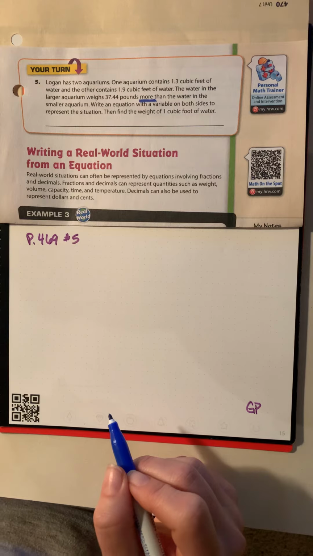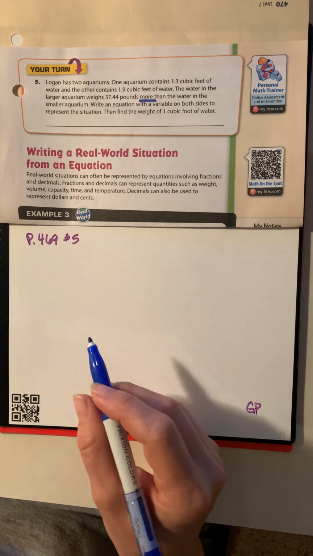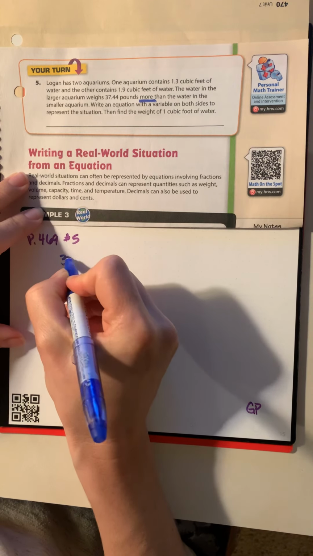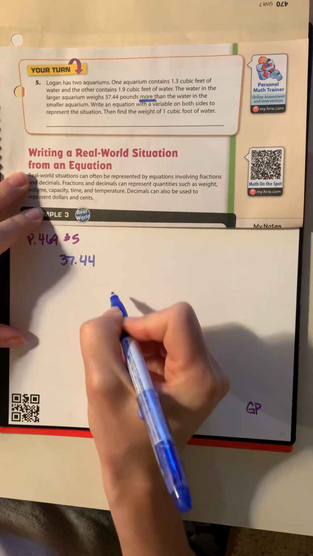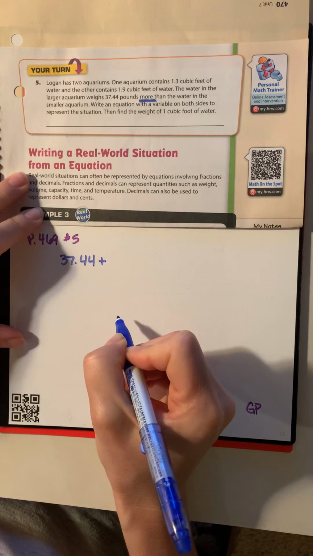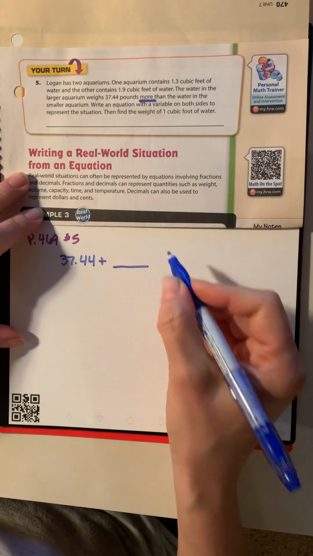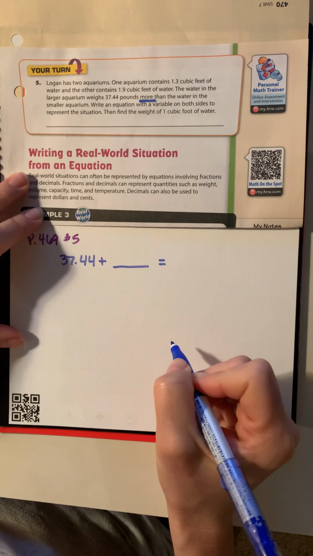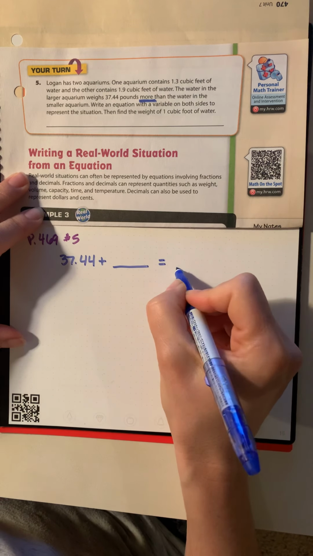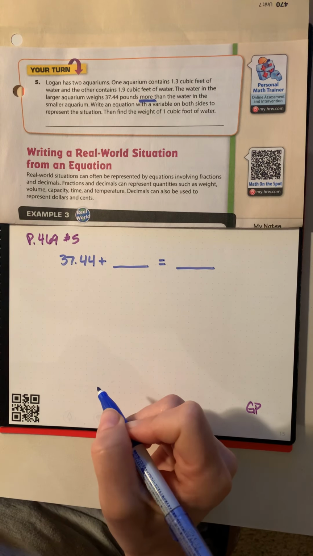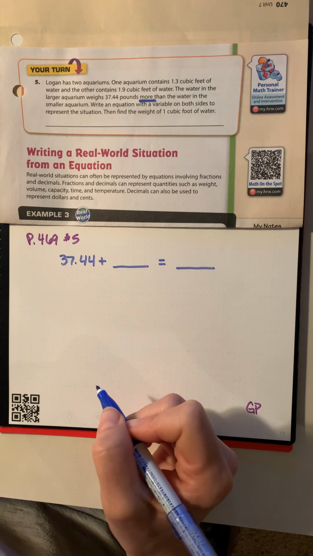So when I look at this, I'm going to translate this down to our equation so that I can solve it. I see that 37.44 pounds more than the water in the smaller aquarium is the same as the water in the larger aquarium. Well, now we just have to look back in our problem.